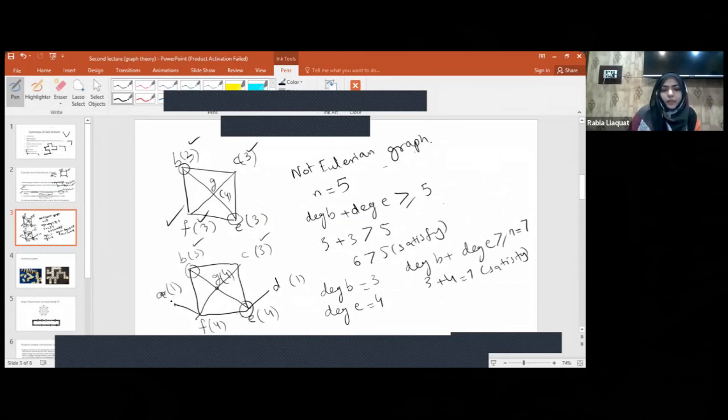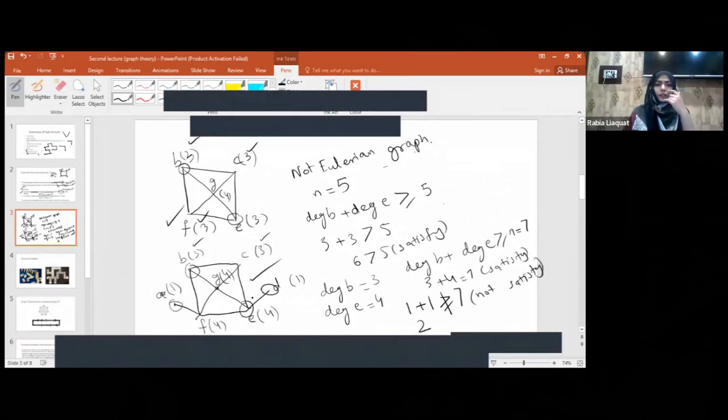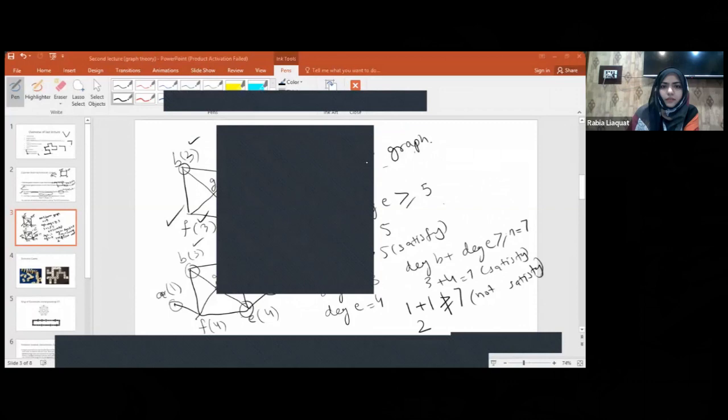For example, I choose A and D. The degree of A is 1, the degree of D is 1, which sums to 2, which is not greater than or equal to 7. So not satisfied. So this is neither Hamiltonian nor Eulerian. Understand?